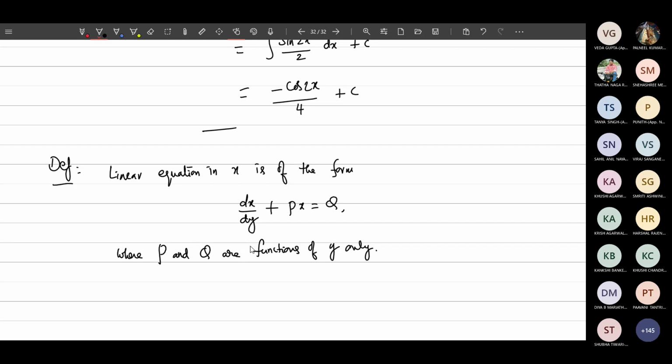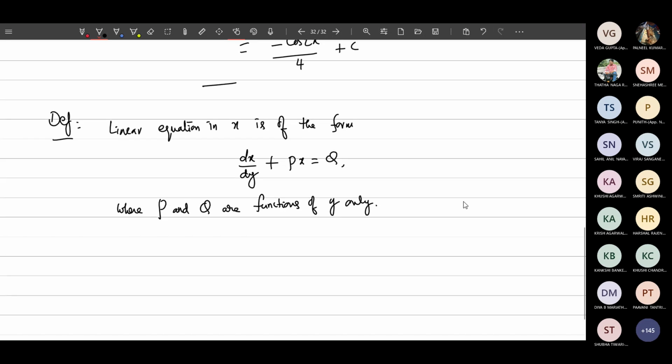So the solution can simply be written by interchanging the role of x and y in linear in y. So therefore the solution is, in this case, we are just interchanging the role of x and y in the solution obtained for linear in y.